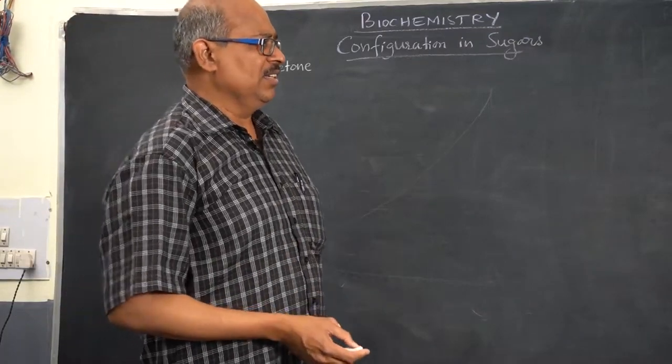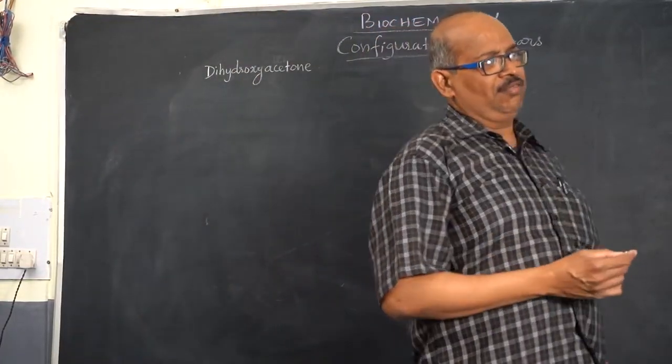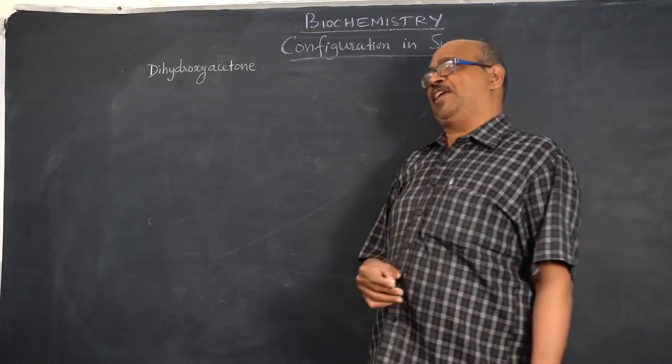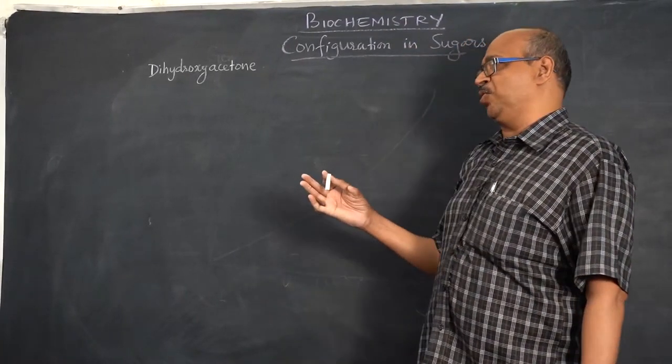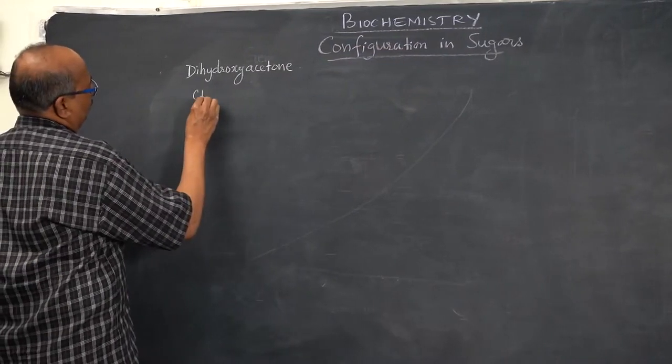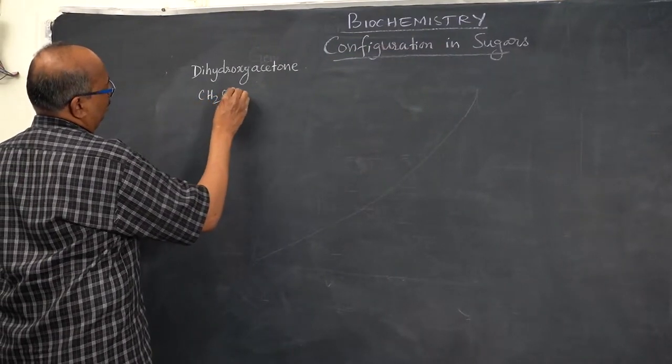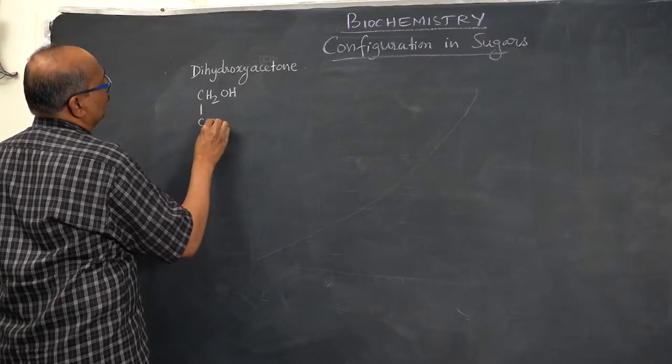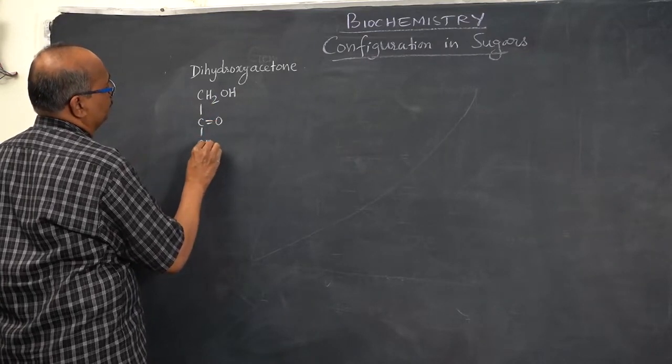It is something like glycine when you are considering amino acids. So dihydroxyacetone is optically inactive, so that you can find out immediately when you have the structure.